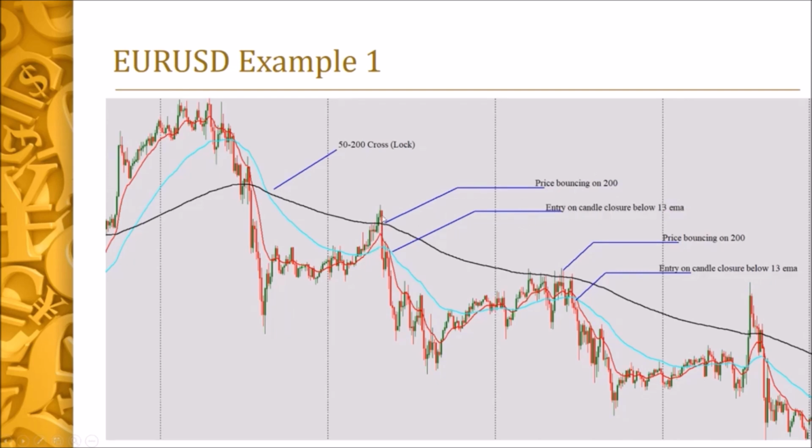So the entry closure was made with a vector candle, but it's not advisable to enter after such a vector candle. We would wait for a pullback of price to the 50% of the vector candle that is closed below the 13 EMA.